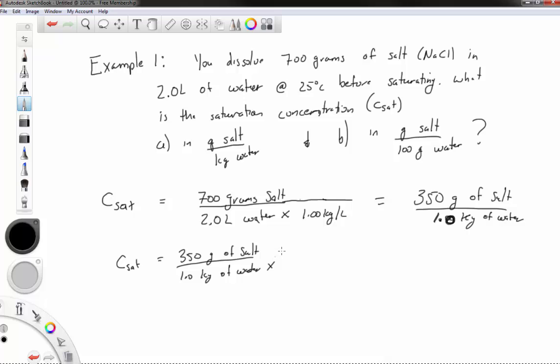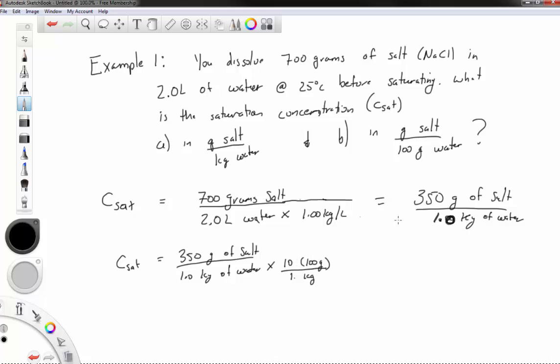times, basically you can write 10 of 100 grams per 1 kilogram. And this is because there's 1,000 grams in 1 kilogram, and we basically want to break it up not in chunks of grams, but in 100 gram increments.